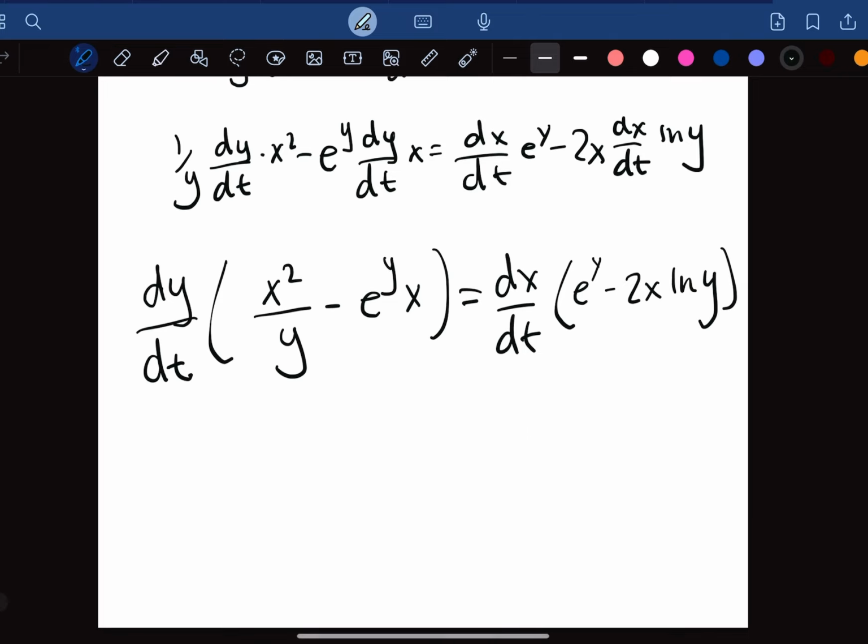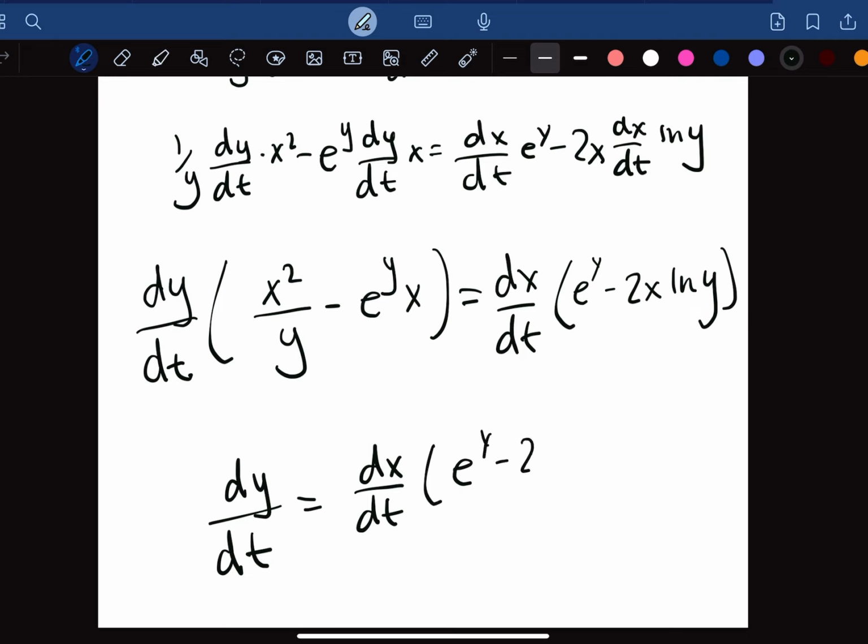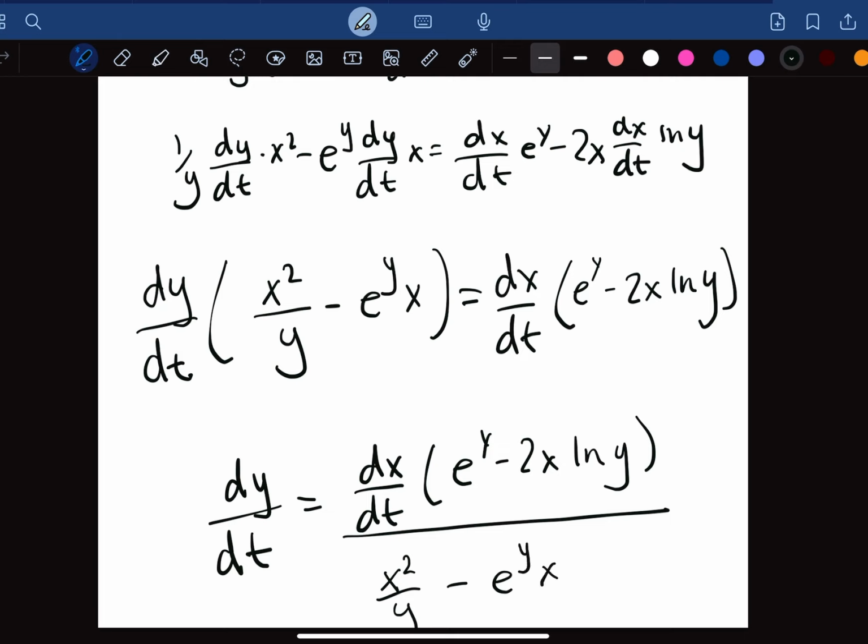And now finally, our dy over dt is equal to dx over dt times e to the y minus 2x times the natural log of y, divided by x squared over y minus e to the y times x.